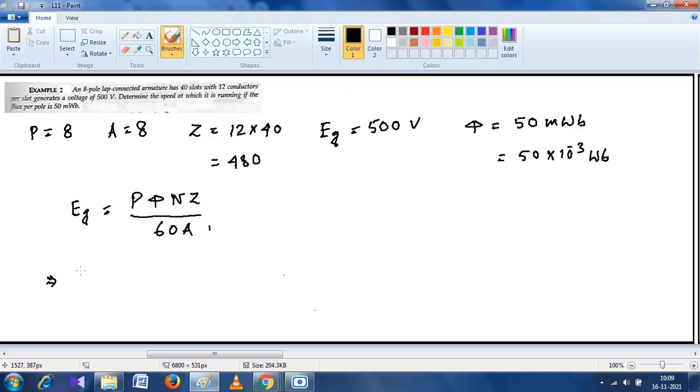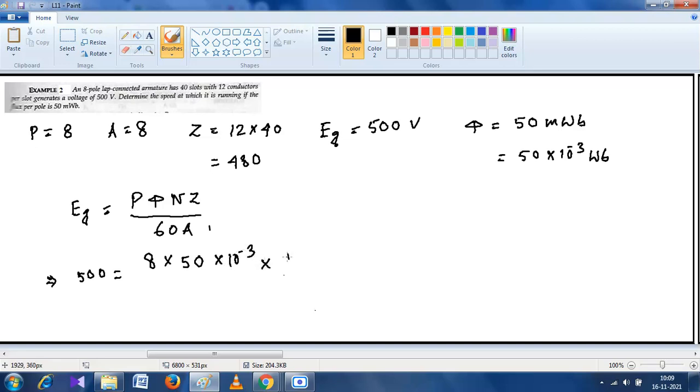What is the value of EG? 500. What is the value of P? 8. What is the value of phi? 50 into 10 to the power minus 3.